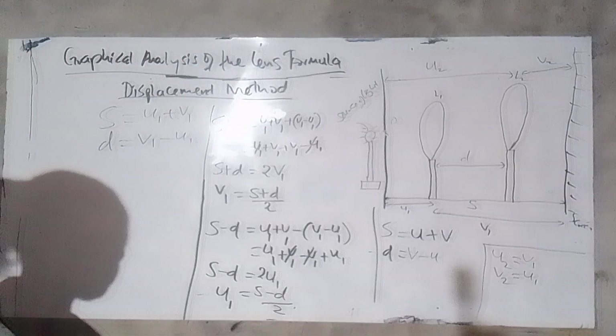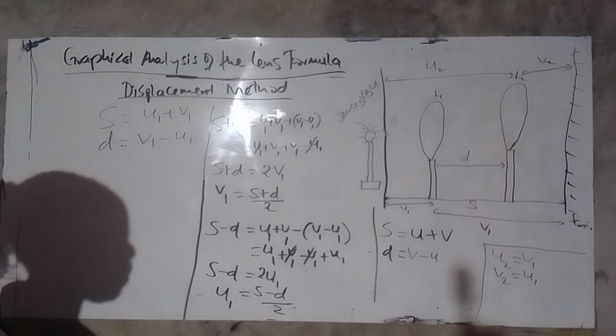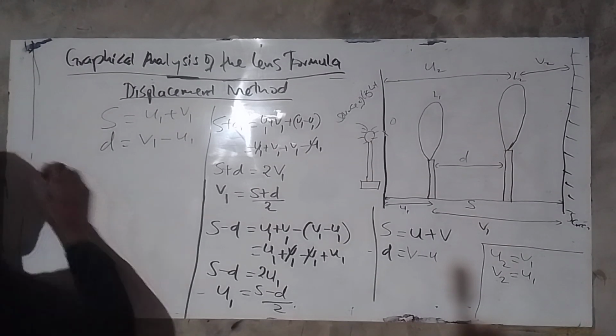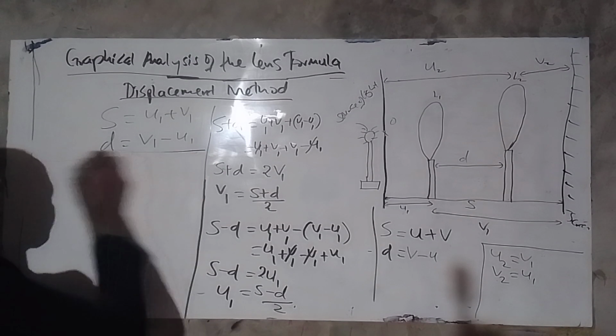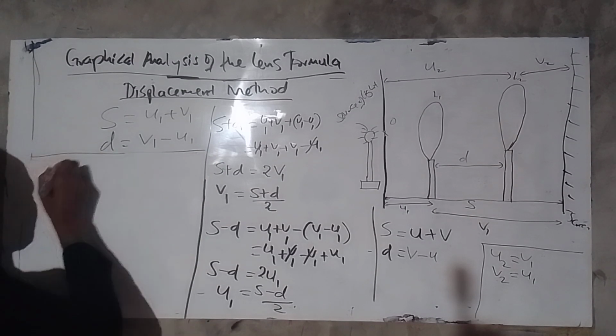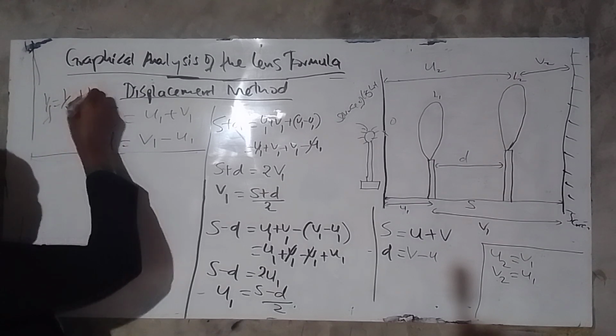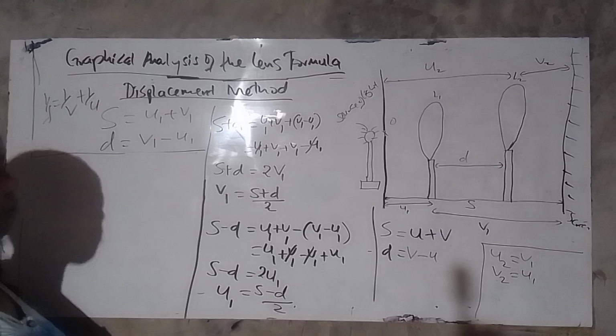So where are we looking at this? Let's now invoke the lens formula. What does it say? It says that 1 over f equals 1 over v plus 1 over u. Don't forget the lens formula.